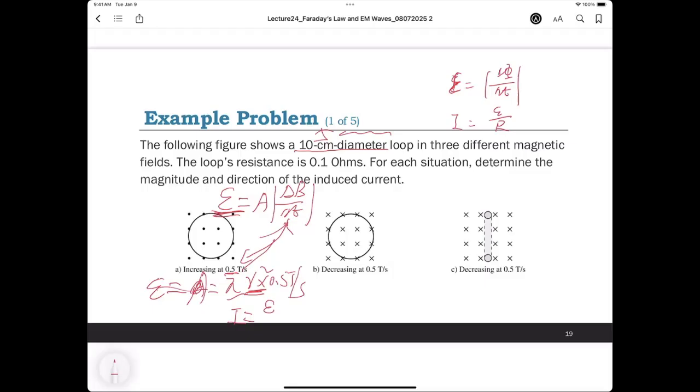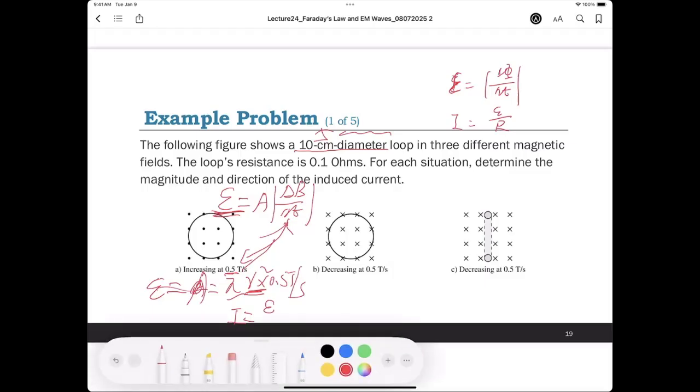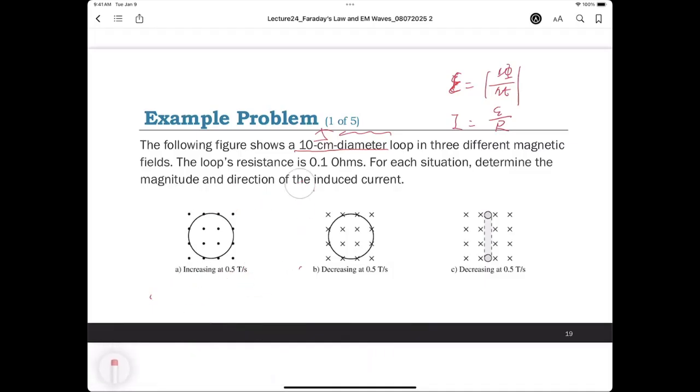Let me make it clearer. R equals 5 centimeters, and A equals pi R squared, and the induced EMF equals A delta B over delta t, because A does not change.